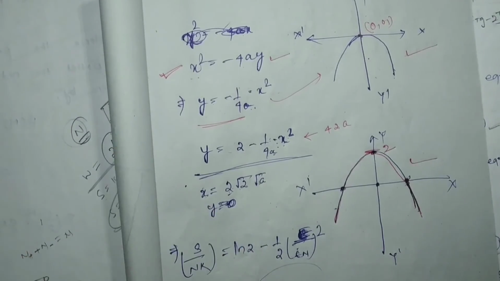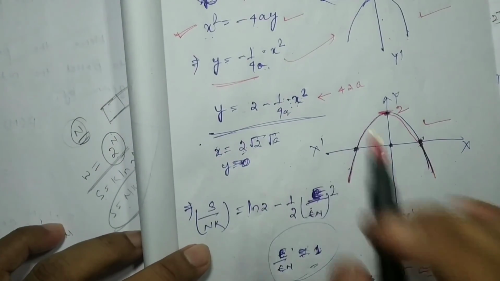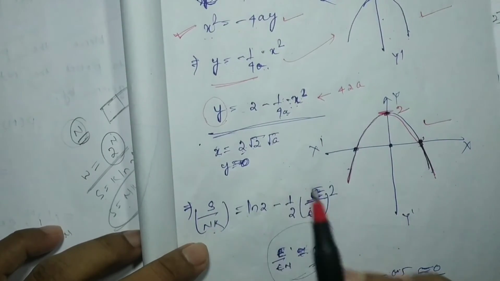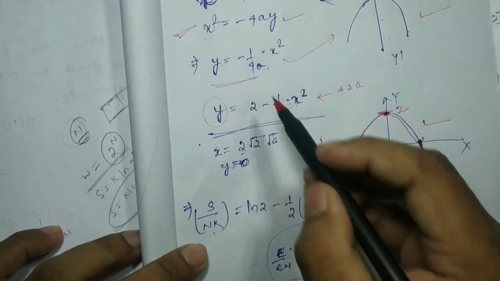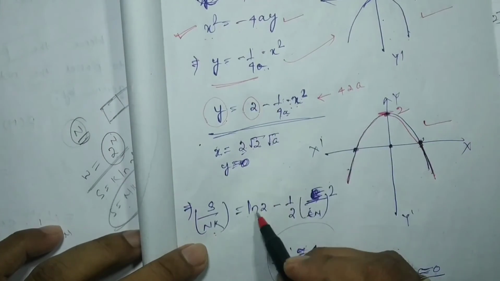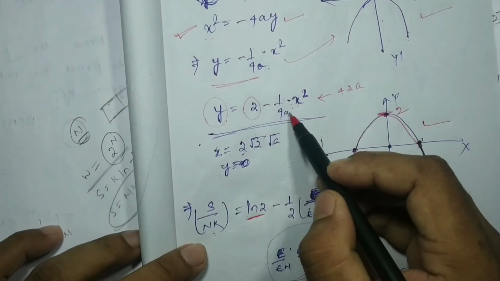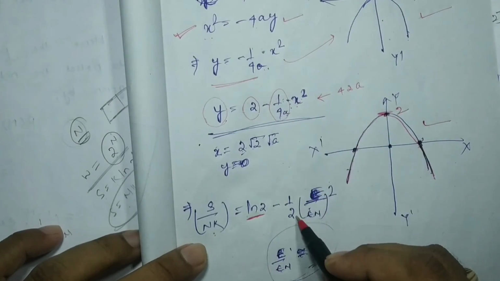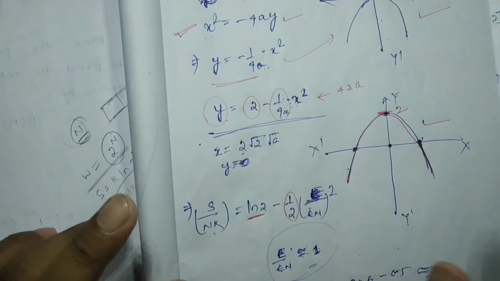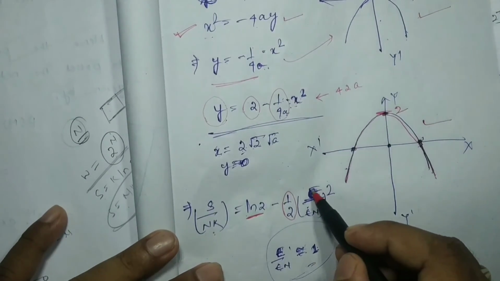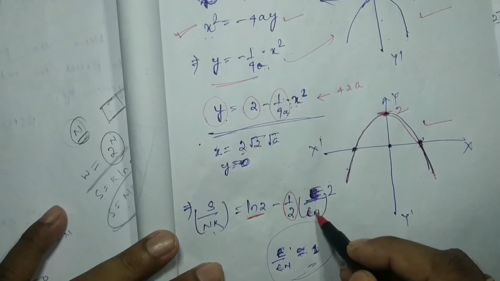Okay, now let us consider y equal to S by nk. Suppose y equal to S by nk, instead of 2 I have considered ln 2. So here instead of 1 by 4a I have considered 1 by 2, and instead of x I have considered E by epsilon n.